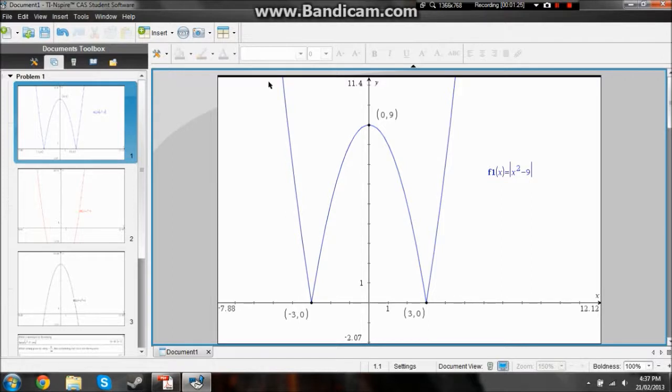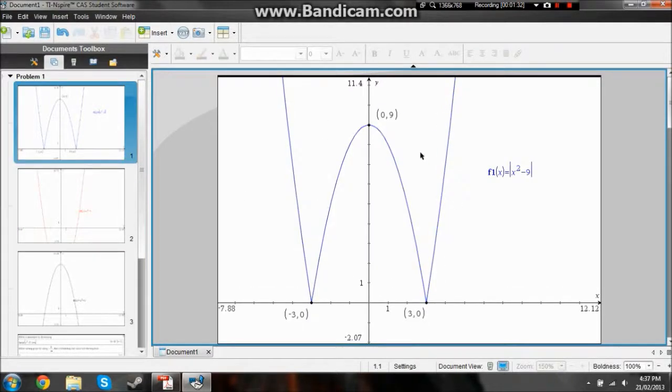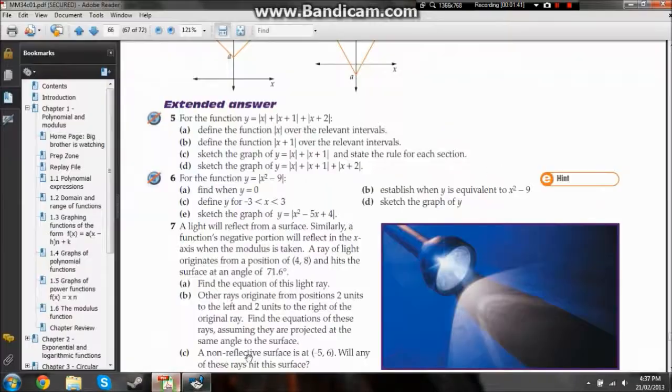So if the equation was x squared take 9, like this, we can see that this point and this point are the same as this one. So the answer would be when x is less than negative 3 and when x is greater than positive 3. It will be the same as x squared take 9.